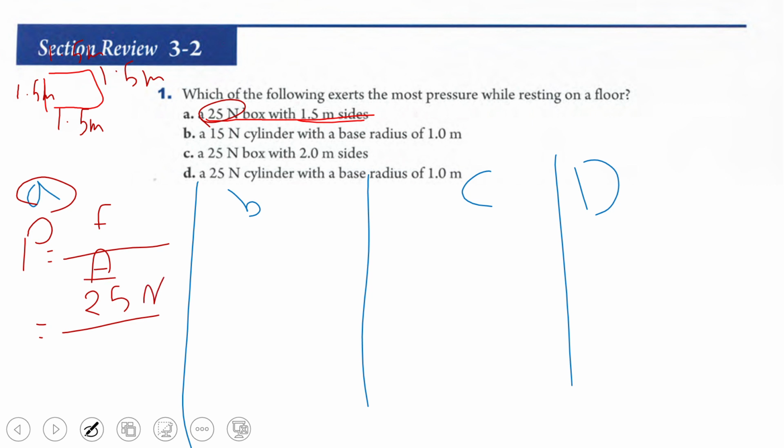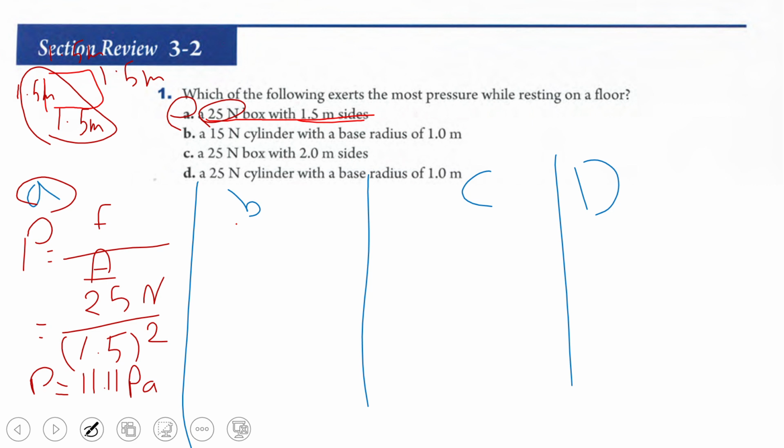The area of the box is multiplying both sides, or we can make it a square, 1.5 squared. The answer is equal to 11.11 Pascal. That is the pressure of part A.